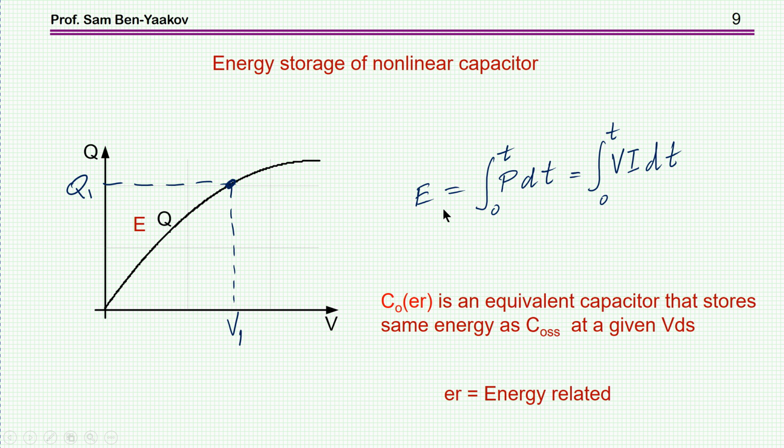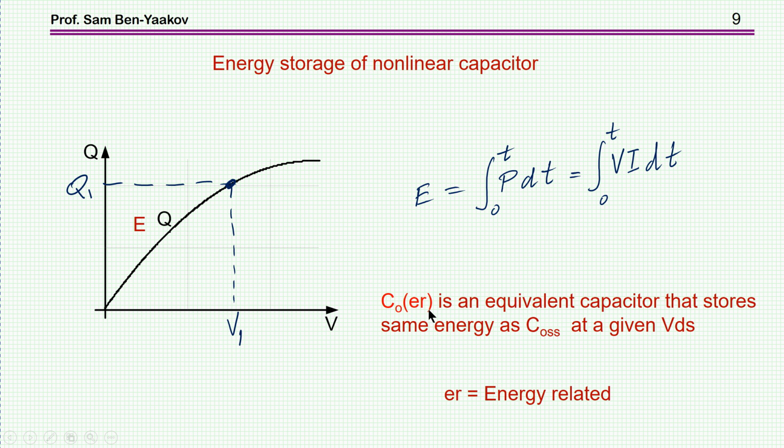One is to define an equivalent capacitor. The idea is that you can define an equivalent linear capacitor, C out, energy related, that when it is charged to the same voltage as the transistor, and this is correct for one voltage, and usually it will be for the maximum voltage, so-called VDSS, the maximum voltage permissible for the transistor.